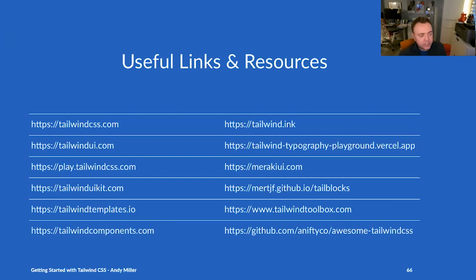There are a couple of tools that let you create your own custom color palettes, or if you need to tweak a color, they help build out all those colors. And lastly, there's a huge list on that github.com link of Tailwind CSS resources. It's basically got a ton of stuff to find out about Tailwind.